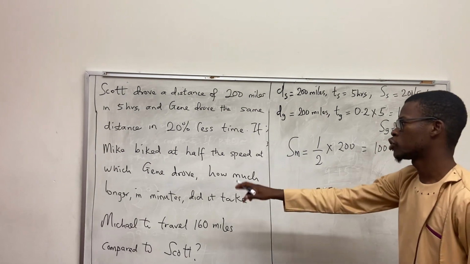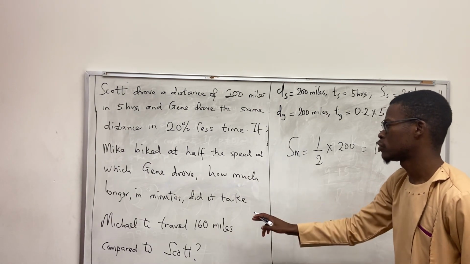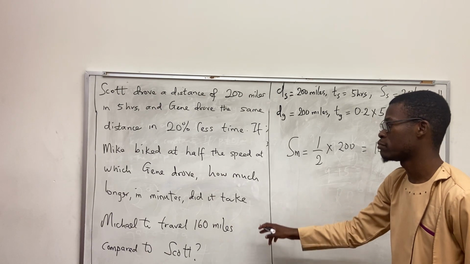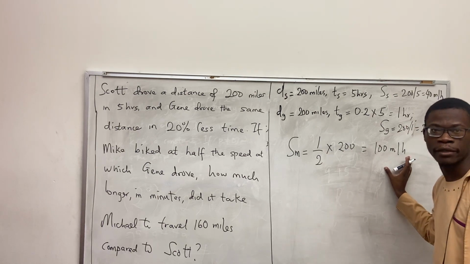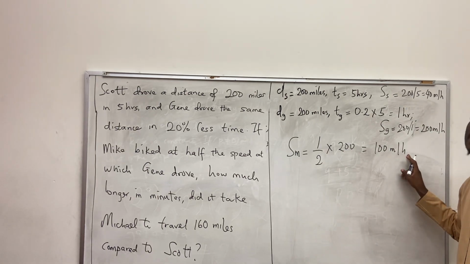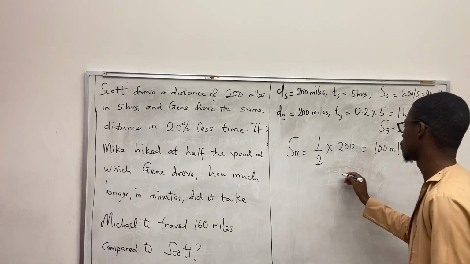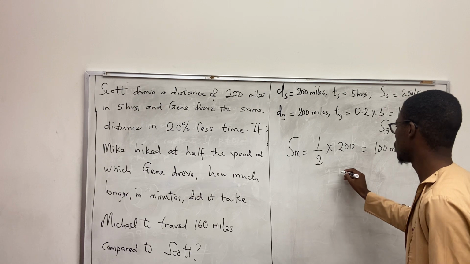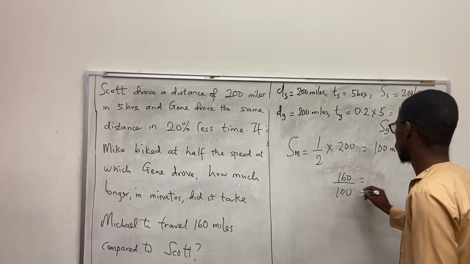So how much longer in minutes did it take Michael to travel 160 miles compared to Scott? So this is the speed of Michael, right? So if he drove 100 miles in an hour, in how many hours will he drive 160 miles? So that will be 160 divided by 100, which is what?